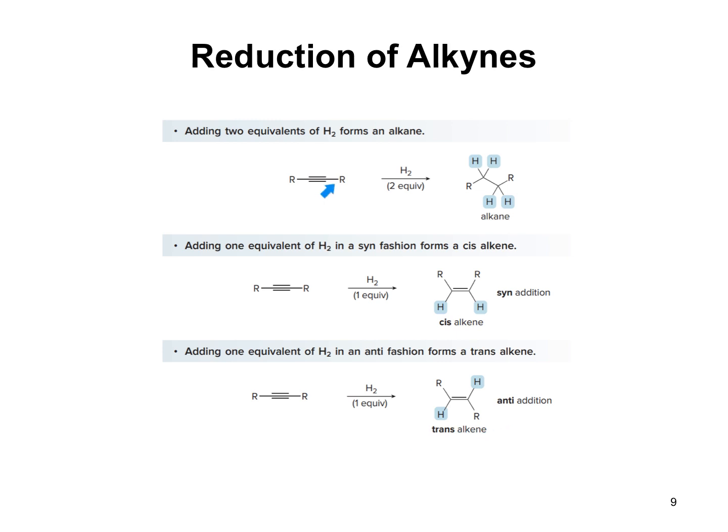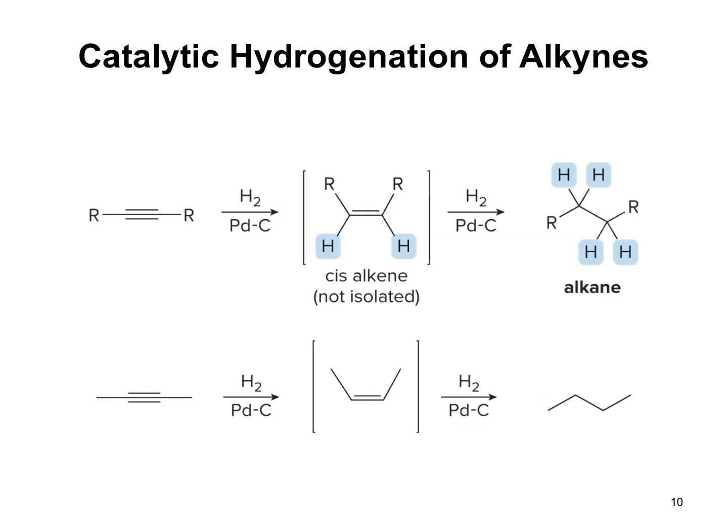So let's look here at the first one, where we have an alkyne that's treated with 2 or more equivalents of hydrogen and palladium. So when this occurs, we have 4 new bonds that are formed.